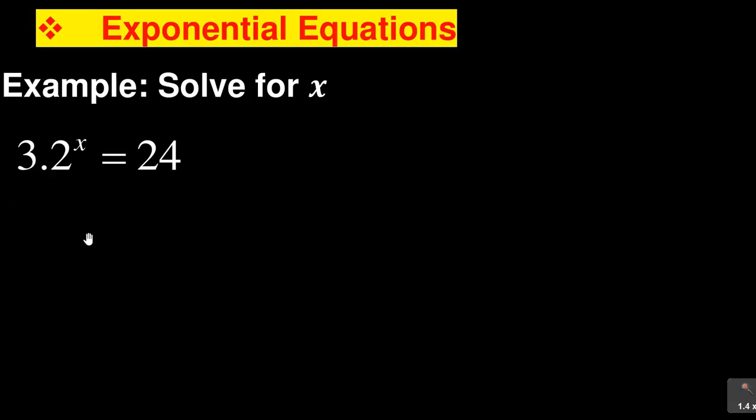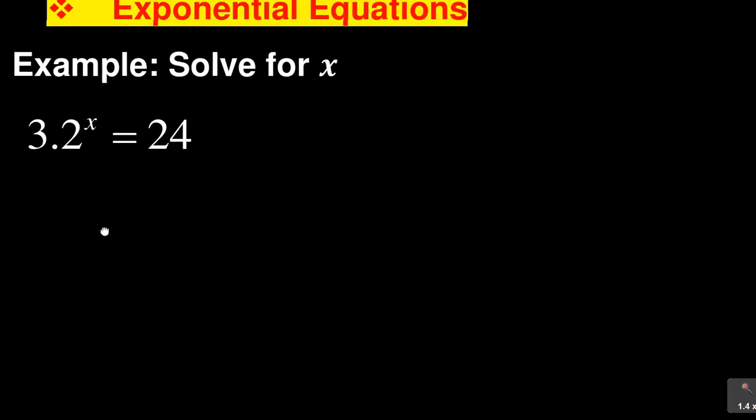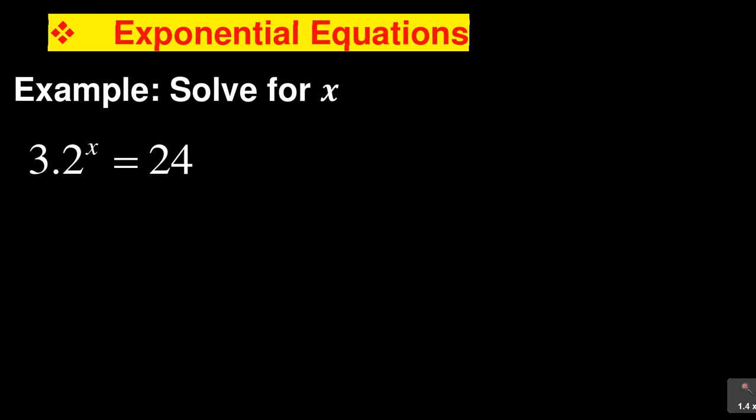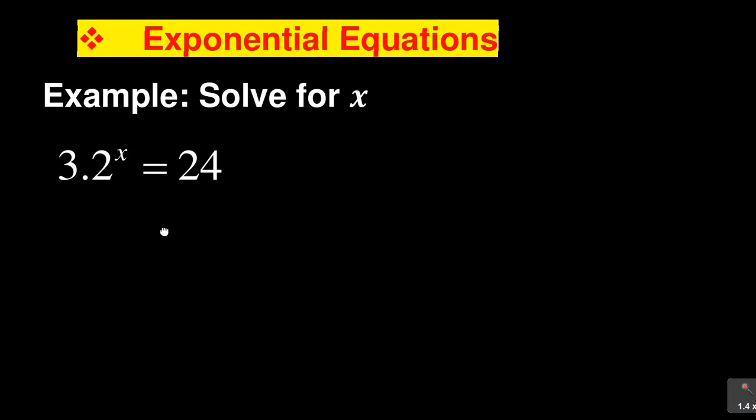What we have in this case, we need to take care of this 3 here. So the first thing that is important for you to do is to divide this expression by 3 so that you can remain with 2 exponent x.